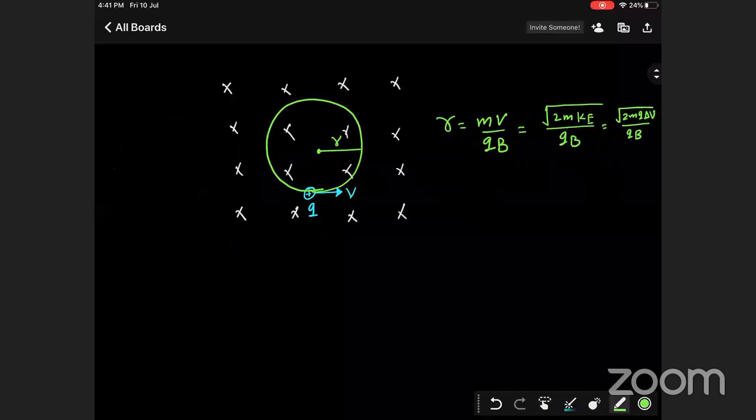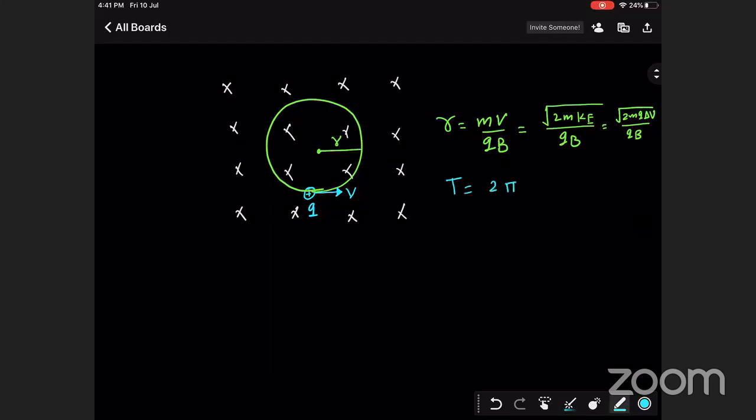So we have three formulas of radius, and we know how much time it will take to complete one turn also: 2πm upon qB.